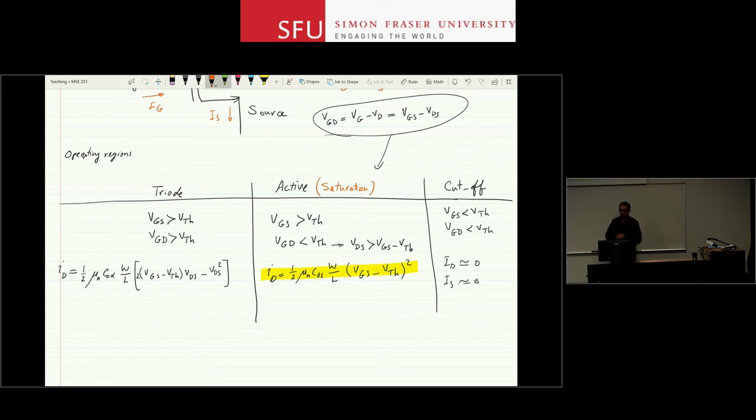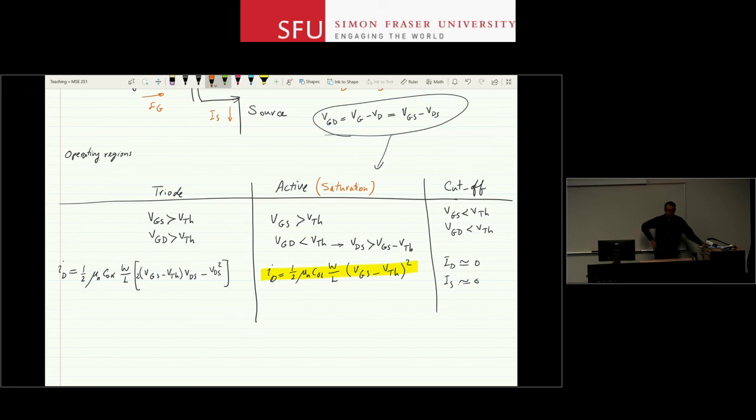And the reason for that is the nonlinearity you have between the input and output in a MOSFET, where ID is the output and VGS is your input. This nonlinearity here is quadratic for a MOSFET. For a BJT, if you look at the nonlinearity between IC and VBE, it's exponential. IC is Is times e to the VBE over VT. And that exponential relationship, there's nothing faster than that. No growth is faster than exponential.